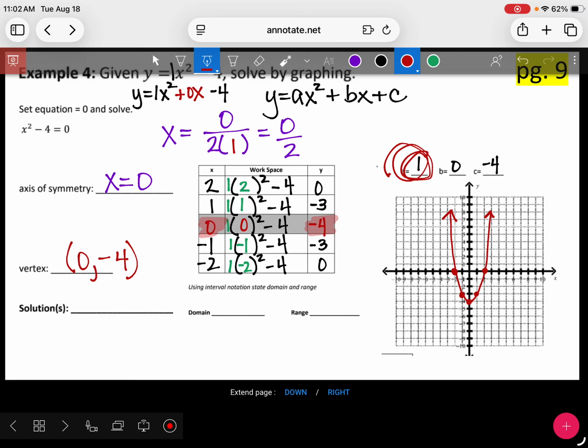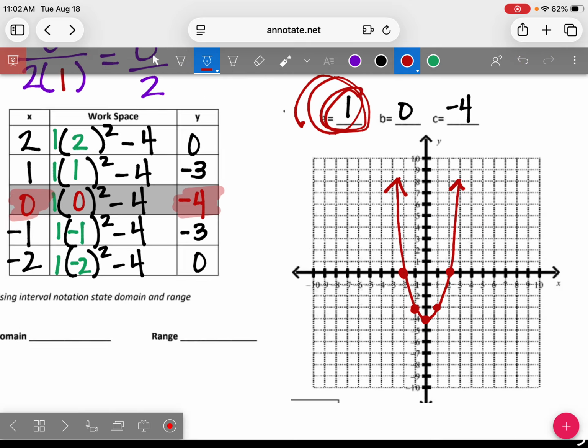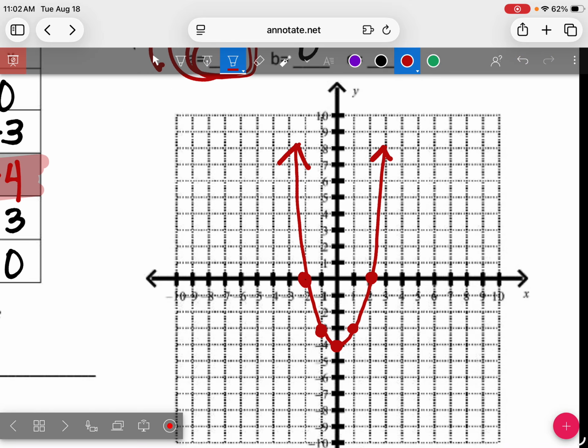All right, last thing. Let me zoom in over here. Okay, so this is my x-axis right here, highlighted in green. Did I put any points on that green line? Yes. Where are the 2 points that I put on that green line? -2 and +2.